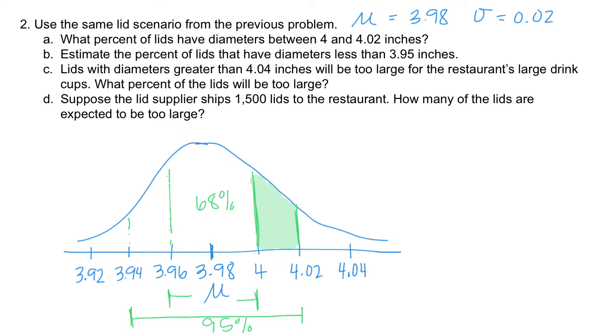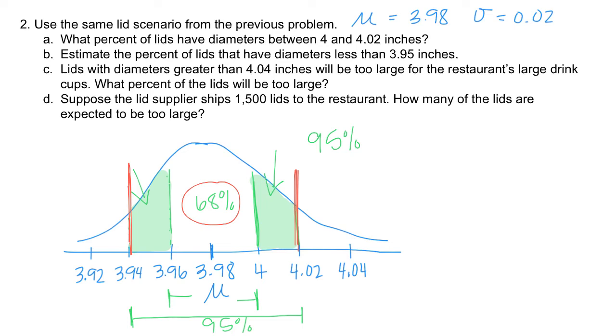Let's pretend that we actually want both of these shaded sections, even though we just want the one to the right, but I'm going to shade this section to the left also. If we want those 2 shaded sections, that area would be 95% minus that 68% in the middle. So 95% is all the way from here to here, but we take away this 68% in the middle, which I don't want.